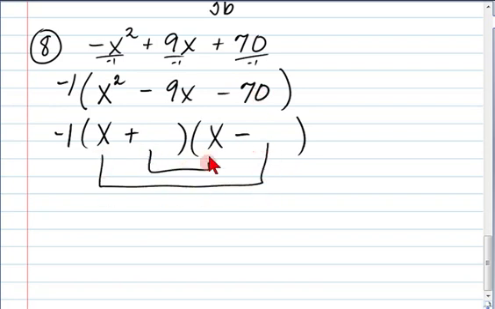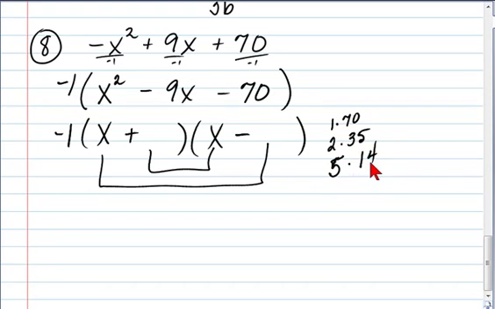Am I looking for factors that add up to be 9 or have a difference of 9? Difference. So 1 times 70 won't work. 2 times 35 won't work. How about 5 and 14?